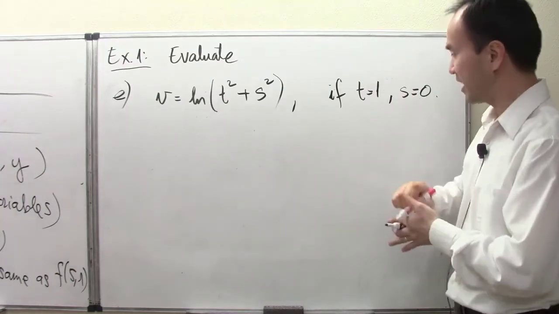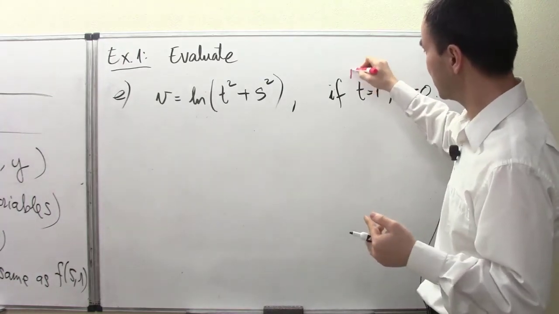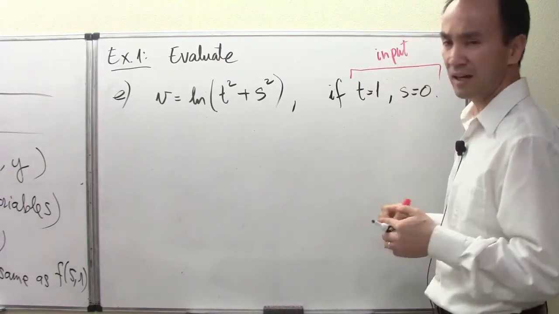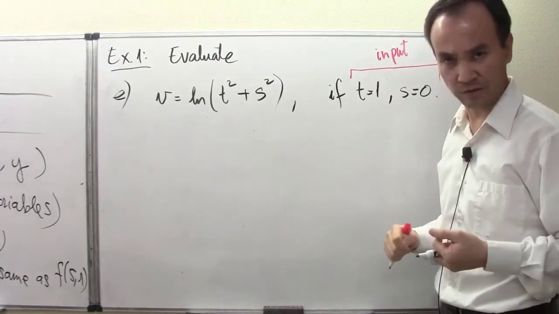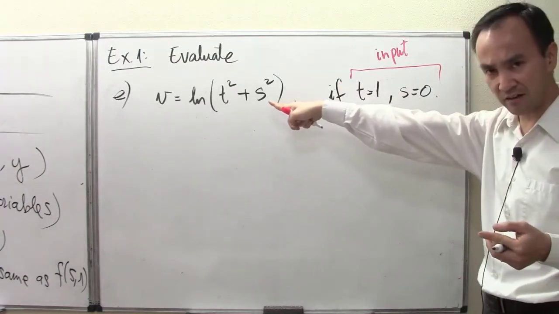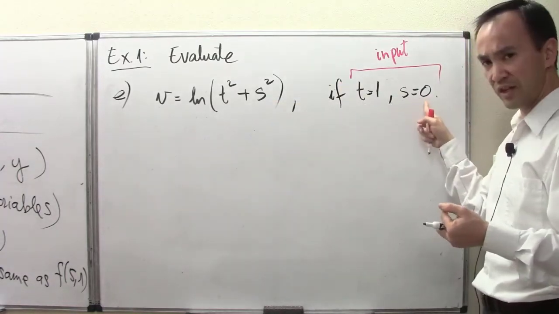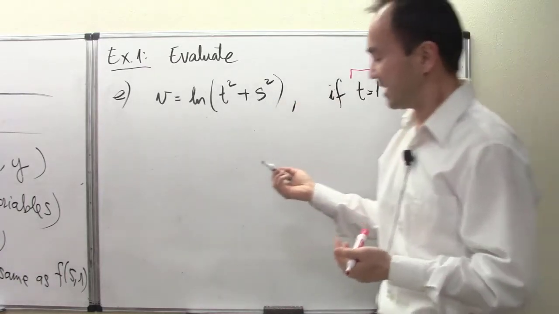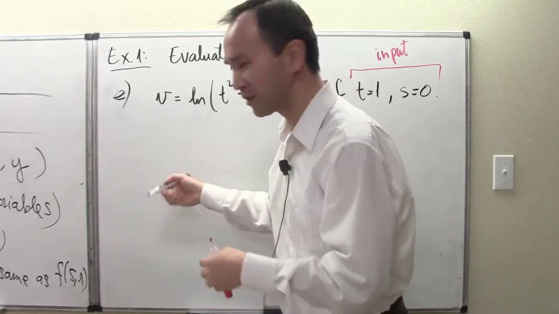So again, as far as the understanding about a function, this entire pair is the input. The order of this pair shouldn't matter really. But t equals 1, we're going to substitute for t in our current function. s equals 0, we're going to substitute that into our current function. And so in that way, here's how I'm going to find my output.